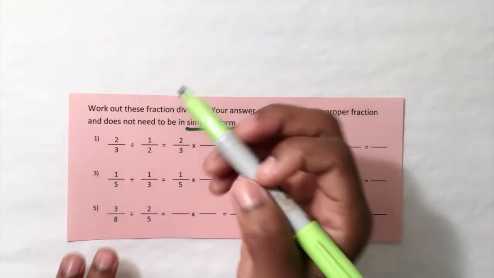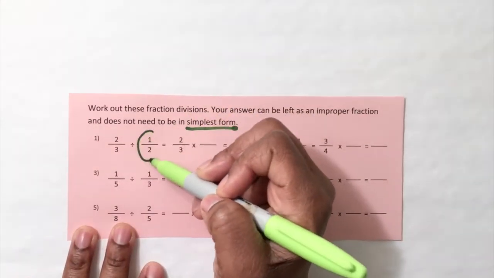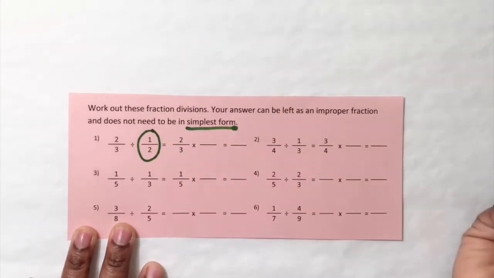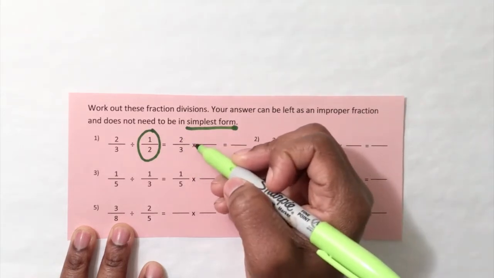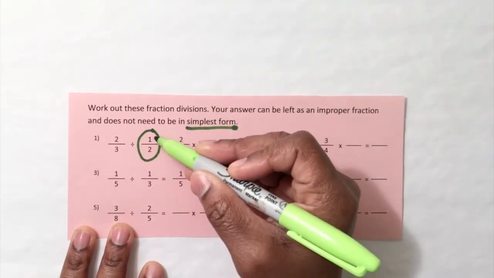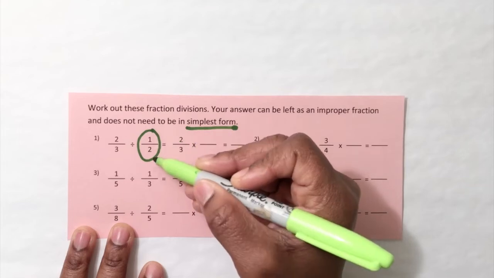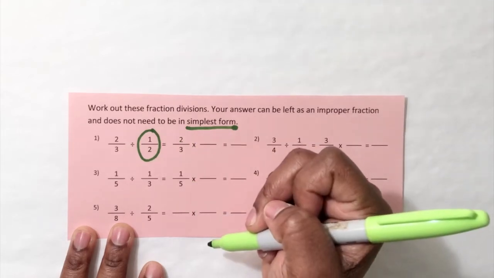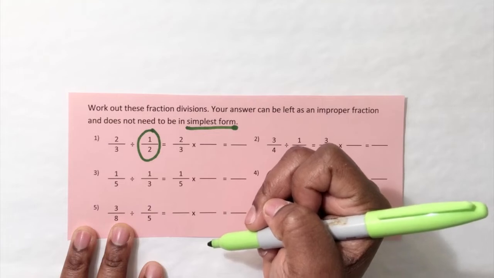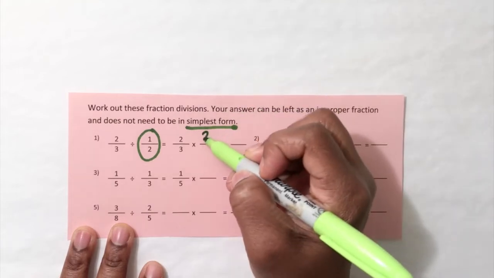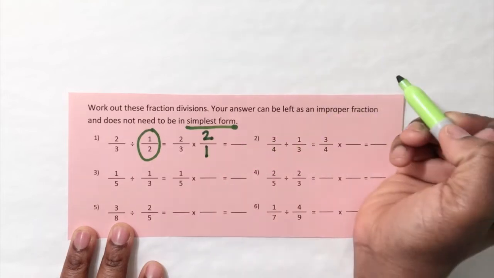So where's the last guy? 1/2 would be our last guy. So we rewrite 2/3 times, and now what is the reciprocal of 1/2? The reciprocal of 1/2 is 2/1.